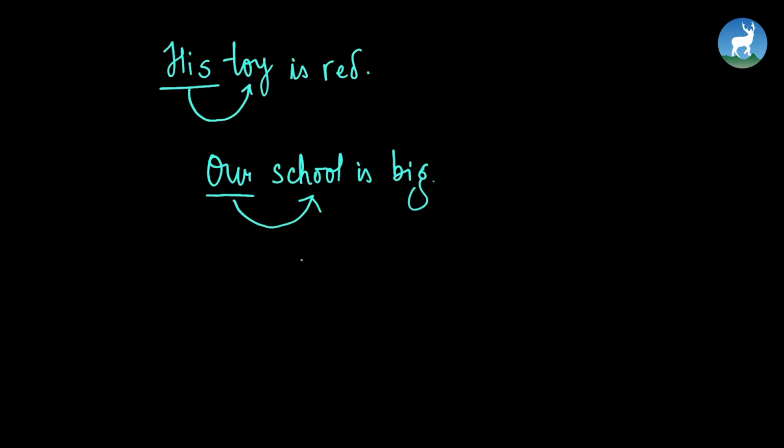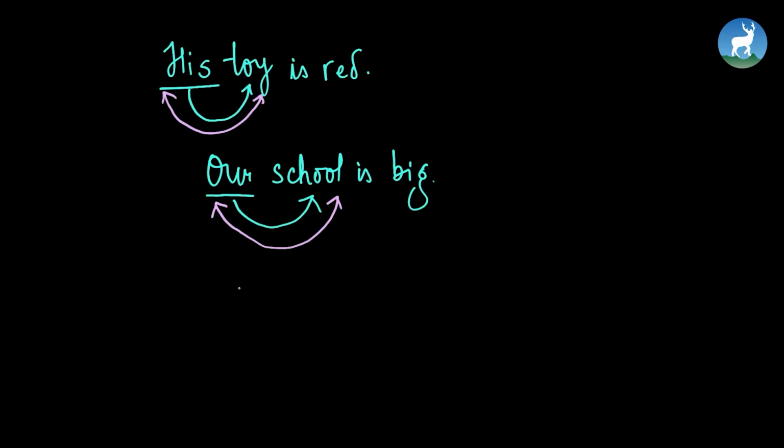For example, in the first sentence, the one who owns the toy is his, right? Likewise, in the second sentence, the ones who own the school are us. So, possessive adjectives change depending on who owns the thing.